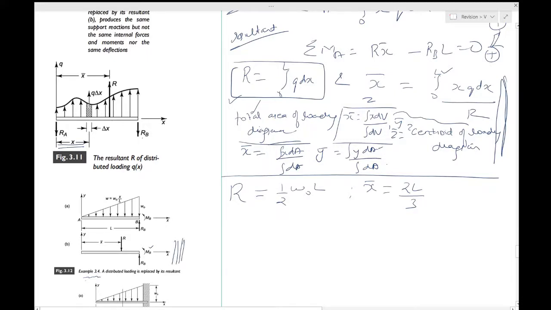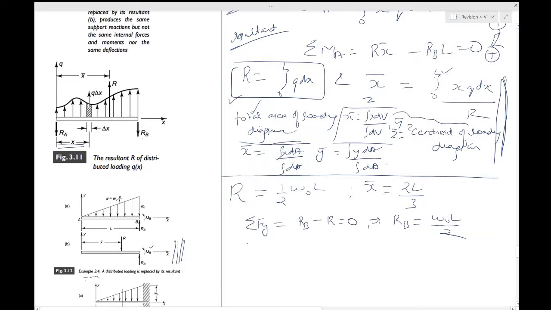To find RB and MB, sigma Fy equals RB minus R equals 0. This implies RB is equal to R, and that is W naught L by 2.